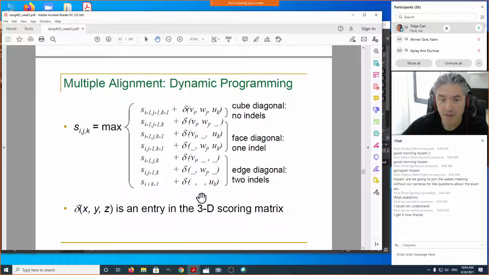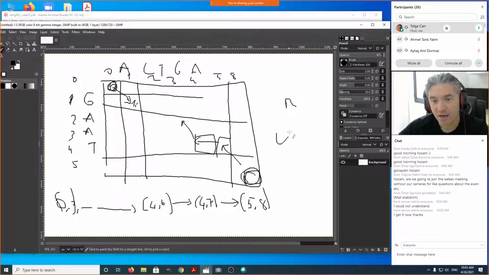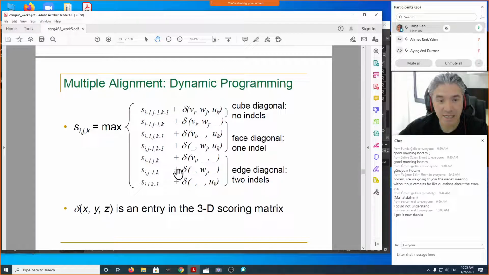So this is the dynamic programming solution which solves optimally. It will find how to align 3 sequences with each other. But its complexity will be O(n^3), if all 3 sequences are of length n, because in order to fill in each cell, I need constant time.